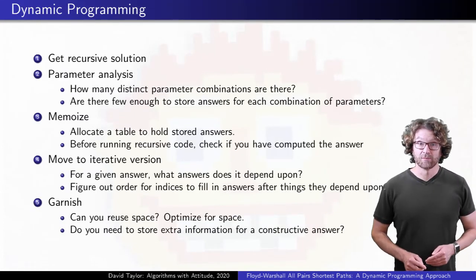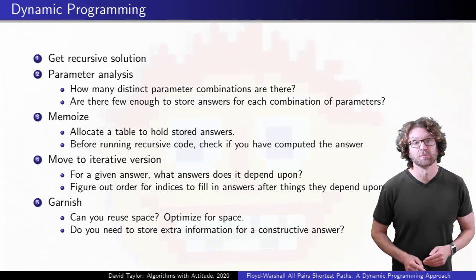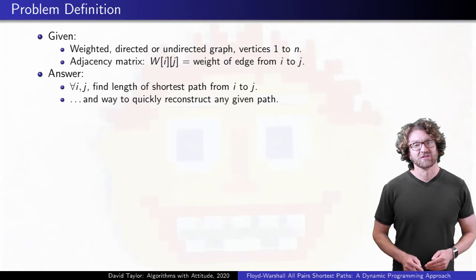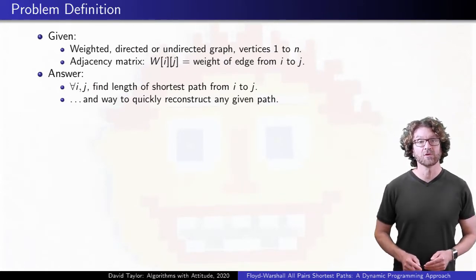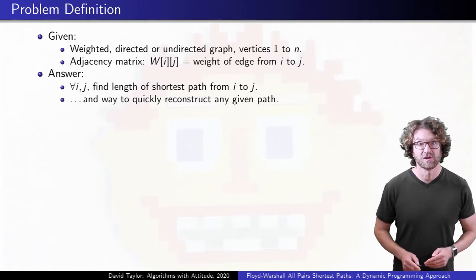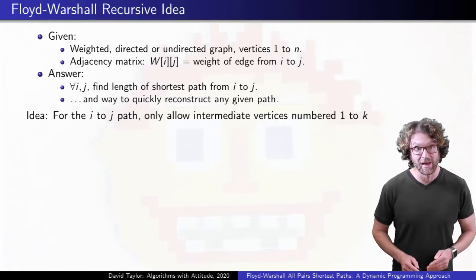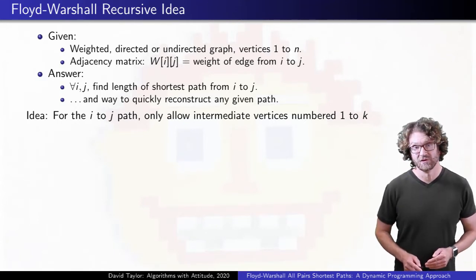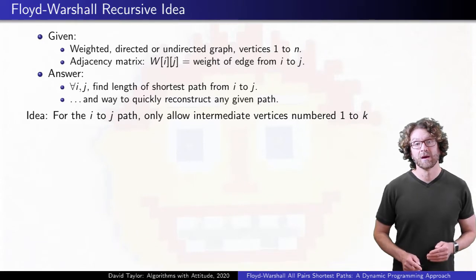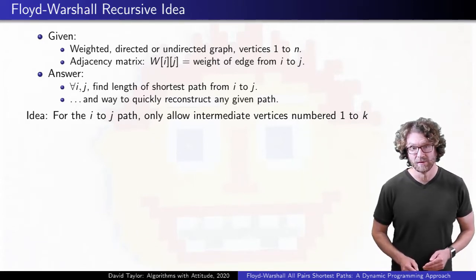We have our dynamic programming template, and our first step is to find a recursive approach to the problem. We're trying to find the lengths of shortest paths from each vertex to each other vertex, and I'm going to pull the recursive characterization for the problem out of nowhere. We will look for the shortest paths between vertices where the intermediate vertices on the paths must be numbered less than or equal to some value k.